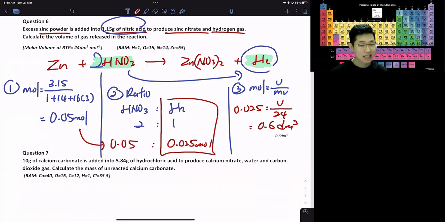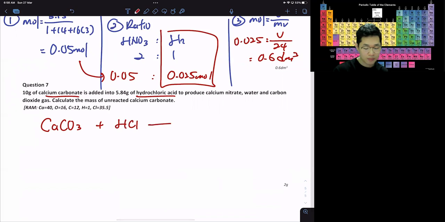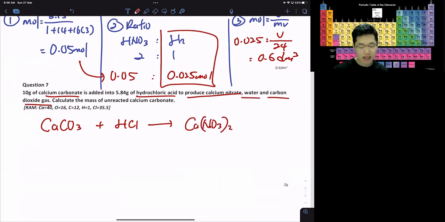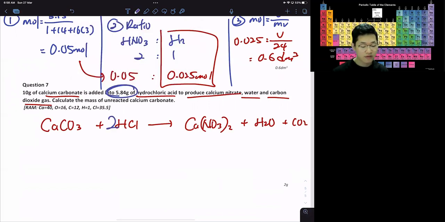Lastly, 10 grams of calcium carbonate is added into hydrochloric acid to produce calcium chloride, water, and carbon dioxide gas. The question gives 5.84 grams of hydrochloric acid.